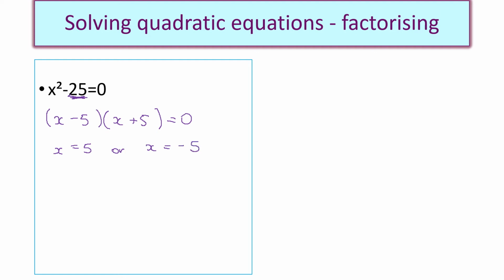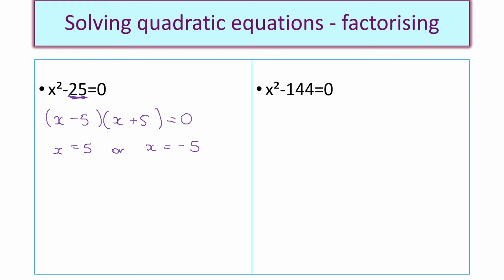Again, if you're not sure how to factorize it, you can watch a better explanation in another video that focuses on factorizing quadratics. One more. Again, you want to work out the square root of 144, and that is 12. So I put x take away 12 in one bracket and x plus 12 in the other bracket.